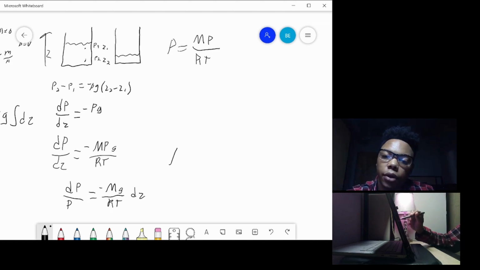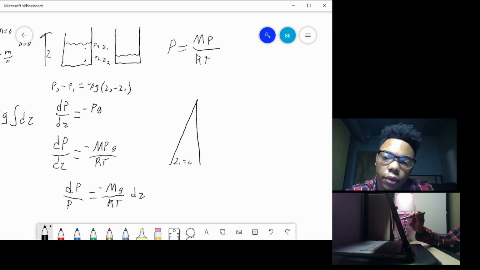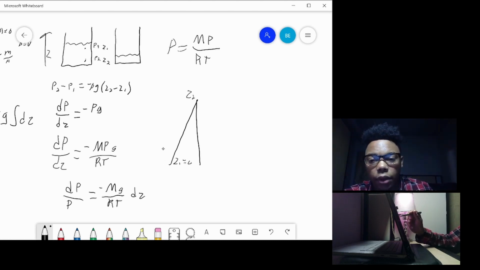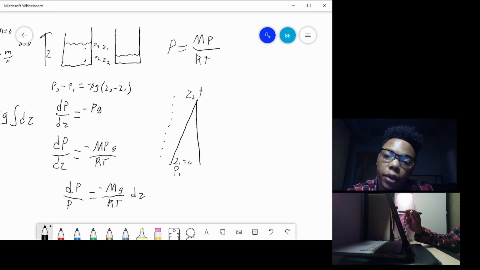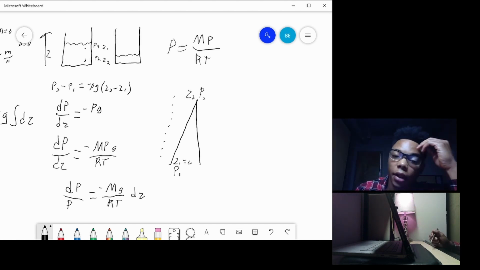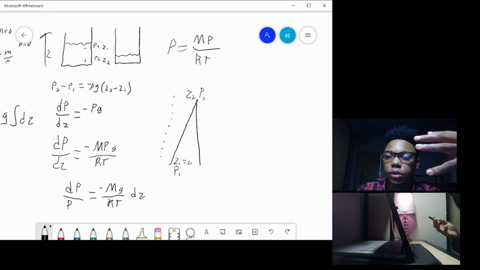So if we have a mountain, this is going to be z1 equals 0, and this is z2. As you go up the mountain, our position and our relative height increase, but at the same time we also have a pressure change from P1 to P2. We're actually going to have less pressure as you go up. So this is how this can be used.